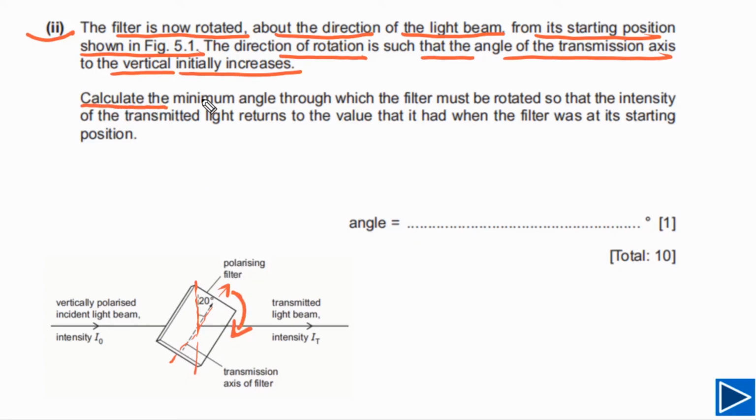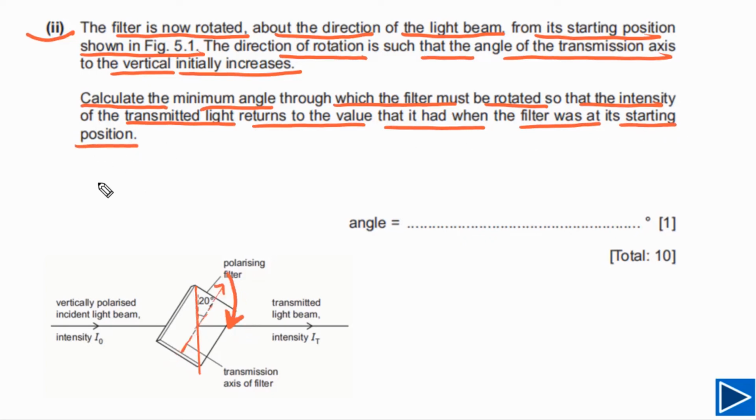We need to calculate the minimum angle through which the filter must be rotated so that the intensity of the transmitted light returns to the value that it had when the filter was at its starting position. Let's try to understand this one with the help of Malus's law. According to Malus's law, intensity of transmitted light is equal to intensity of incident light times cosine square theta.